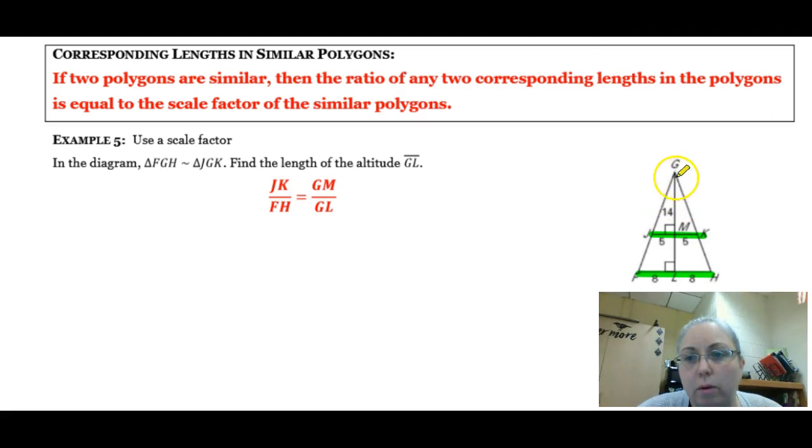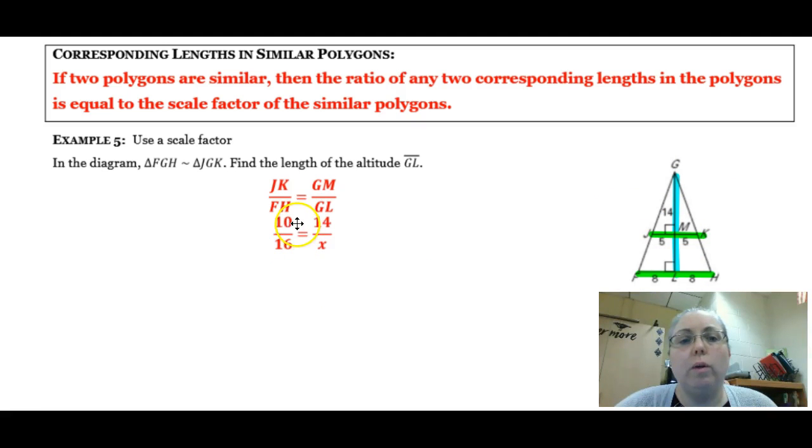And I also know that GM is the altitude of the smaller triangle, but it's corresponding with GL, which is the altitude of the bigger triangle. So I can set up this proportion to find GL, which is my altitude. So 10 to 16 must be the same proportion as my two altitudes. One of them I know, it's 14, and the other one I don't know, it's x.